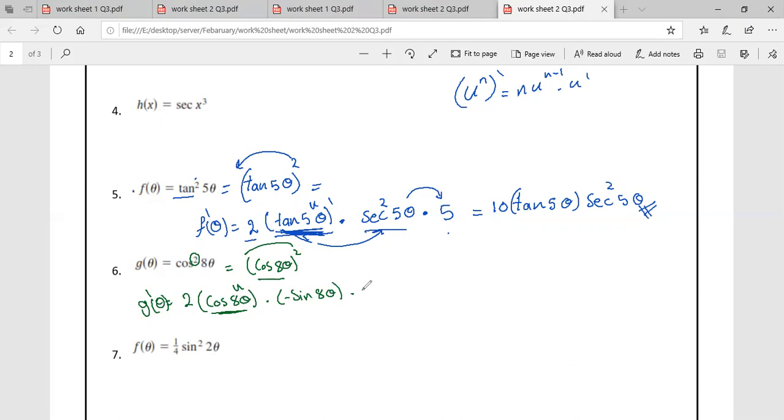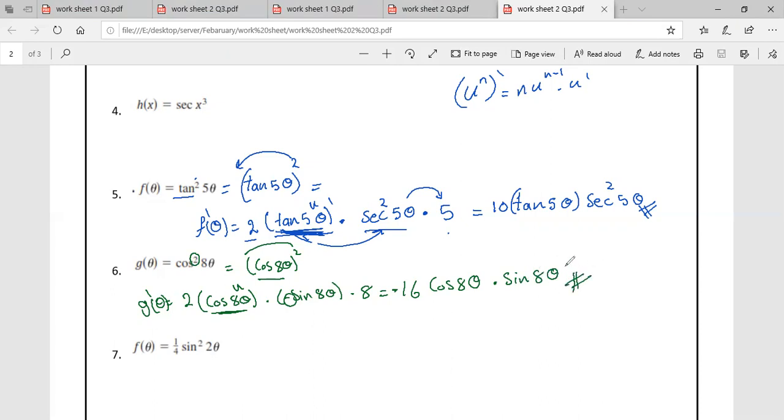Multiply the derivative of u, which is what? 8. So it will be 16, but please don't forget the negative sign. 2 multiply negative, it will be negative 16 cosine 8 theta, multiply what? Sine 8 theta. Okay, that's all.